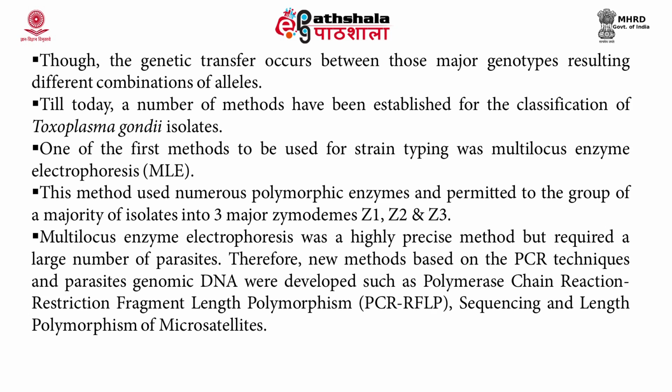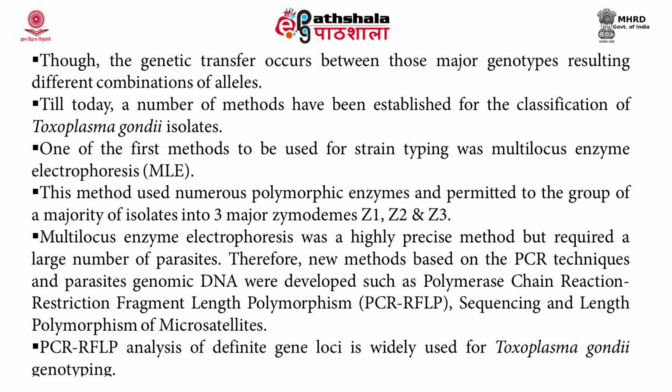Therefore, new methods based on PCR techniques and parasite genomic DNA were developed, such as polymerase chain reaction restriction fragment length polymorphism, or PCR-RFLP, sequencing, and length polymorphism of microsatellites. PCR-RFLP analysis of definite gene loci is widely used for Toxoplasma gondii genotyping.